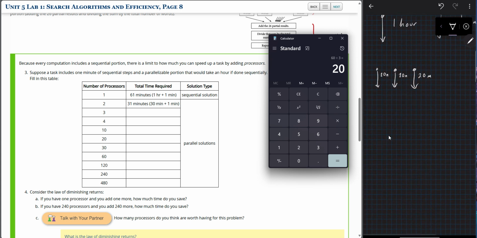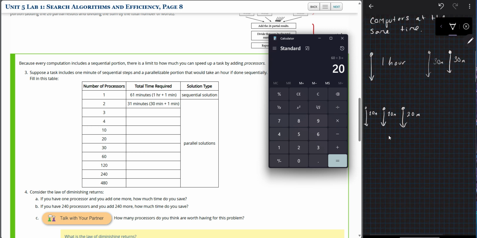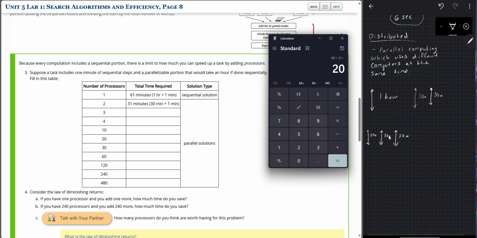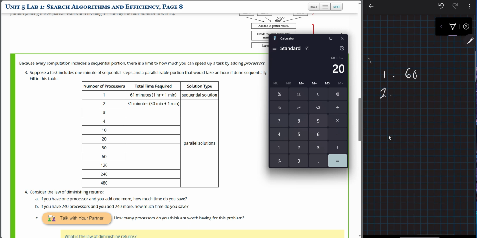Now I'll stop drawing it because it's going to get a little messy, but pretend that you have, so for one we know it takes 60 minutes, for two, so we'll have processors and time.